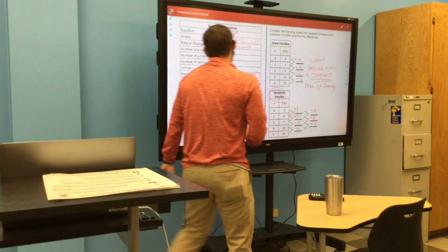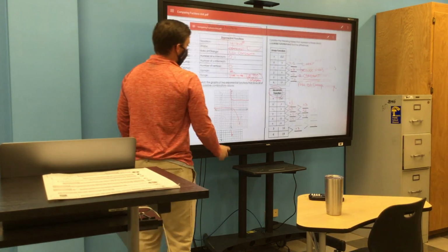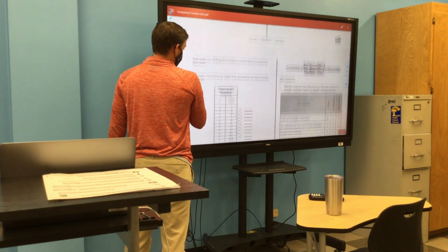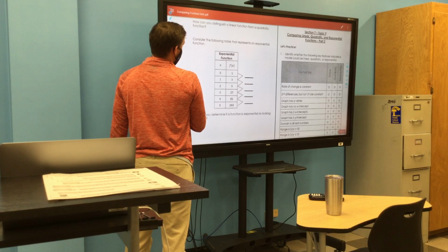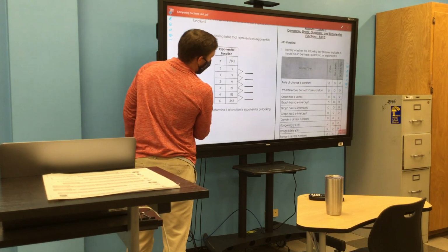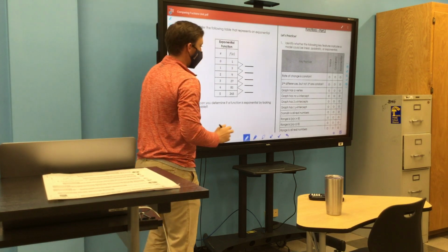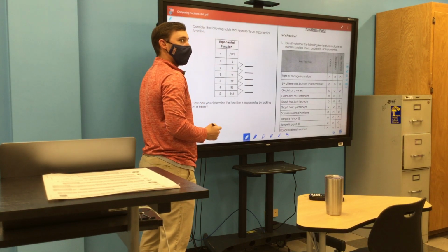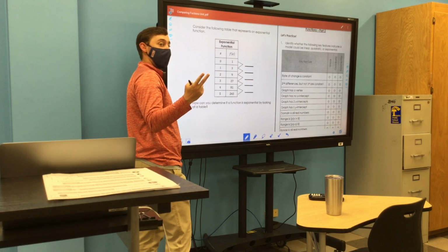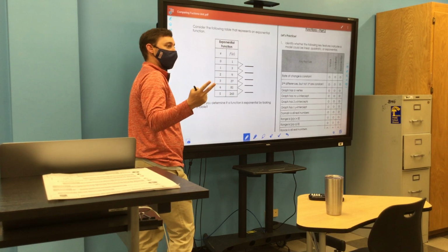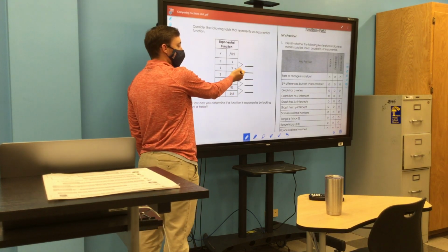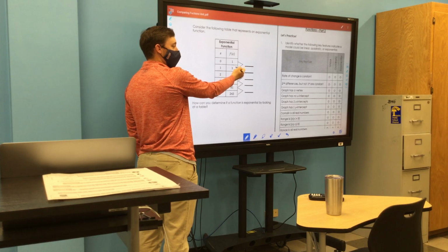Alright, so let's see what this looks like for our exponentials. With the exponential functions, how do I get from 1 to 3? I can add 2, but I want to see if there's a similarity. Is there something I can do to 1 to get to 3 that is the same thing I can do to 3 to get to 9?